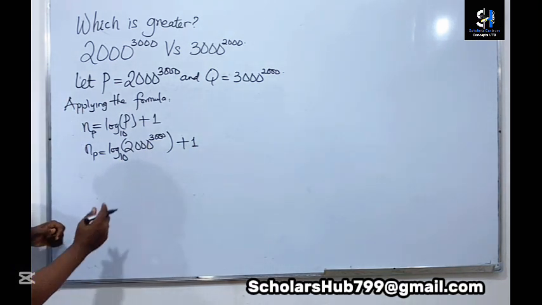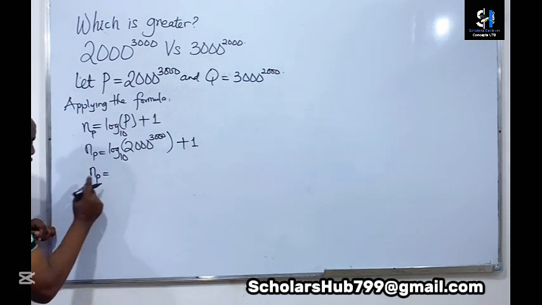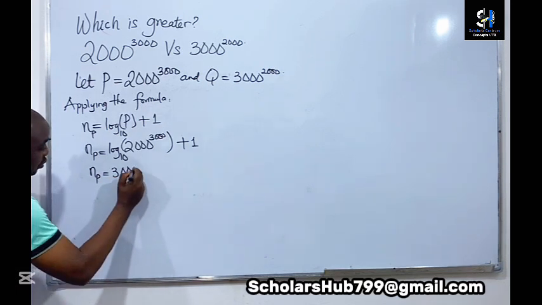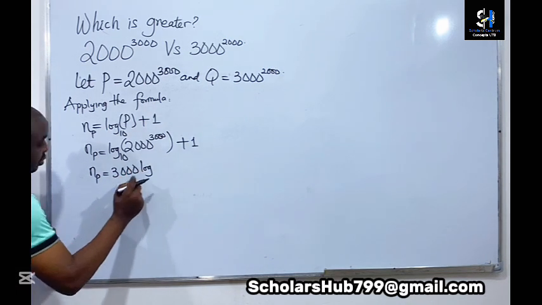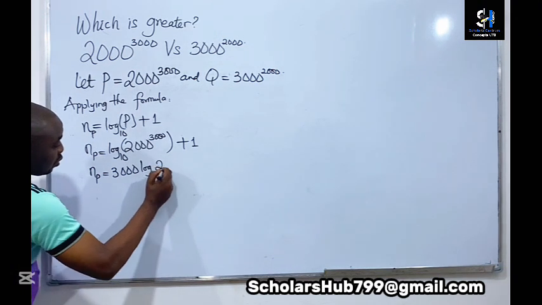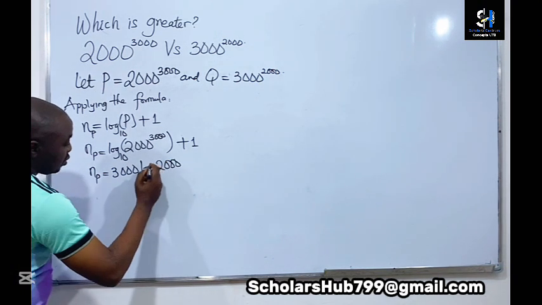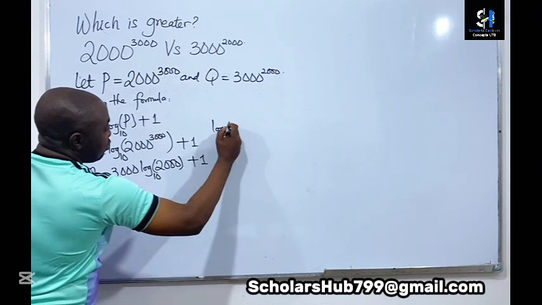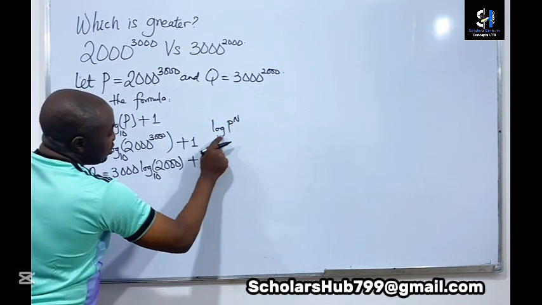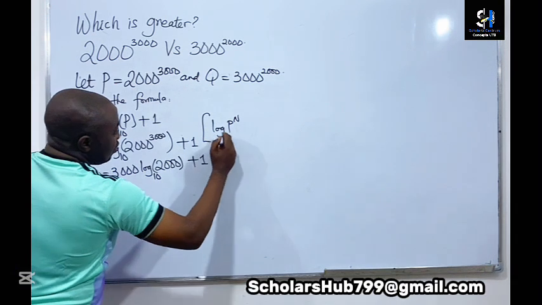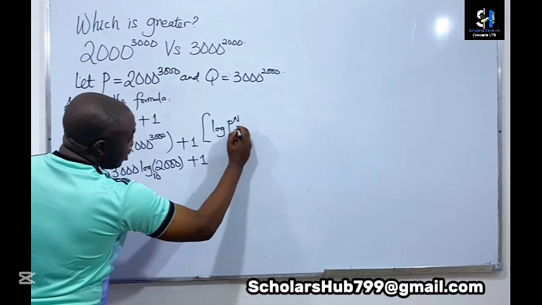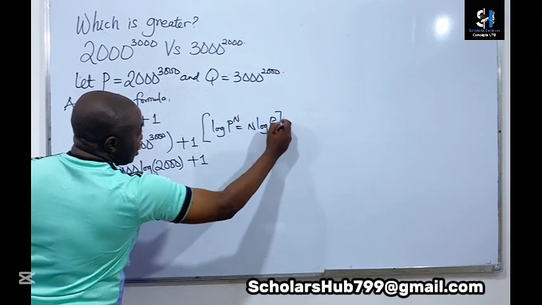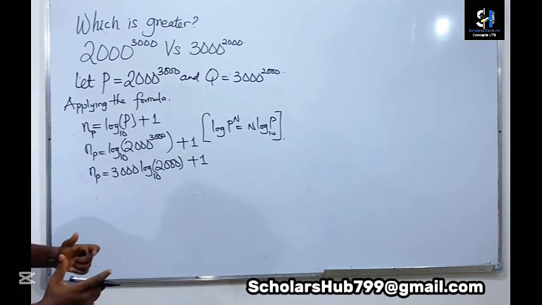Now n subscript p will equal 3000 multiplied by logarithm to base 10 of 2000, then plus 1, because I just applied the property that the logarithm of the nth power of p to base 10 equals n times log p to base 10, which is one of the properties of logarithm.